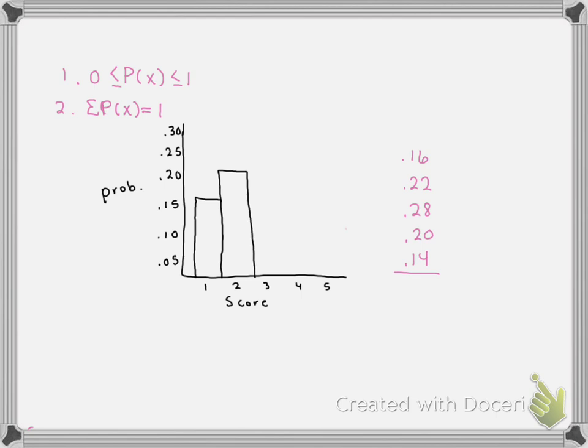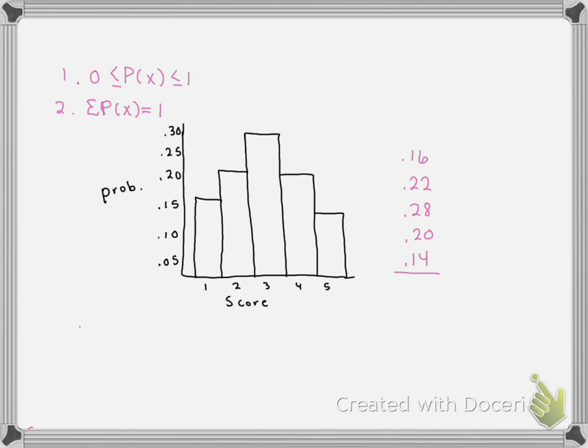Those that scored a 3 went up to almost the 0.30 there, okay? And then those that scored the 4, we had a probability of 0.2 right there. And then as far as the 5, we've got 0.14.